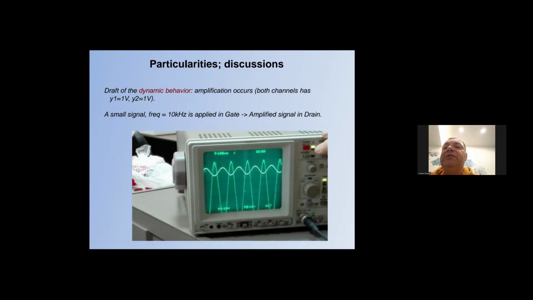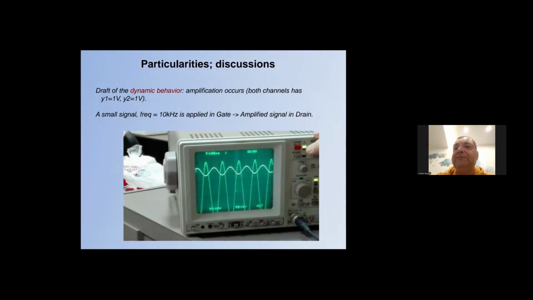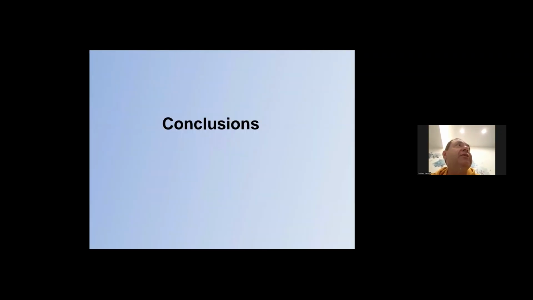You see the little sinusoid, and then the amplified signal recorded at the drain of the device presents good amplification. So the device also, from the dynamic point of view, amplifies the input signal that is applied on the gate.